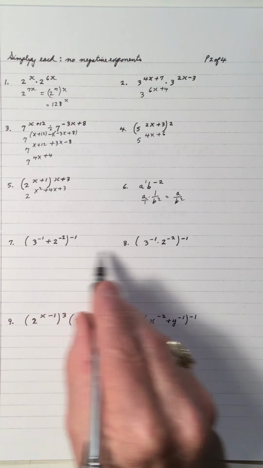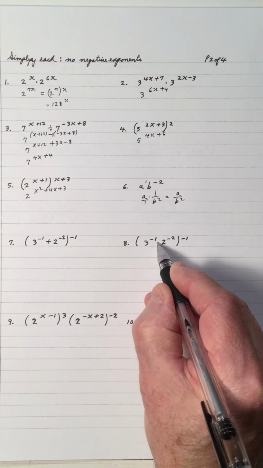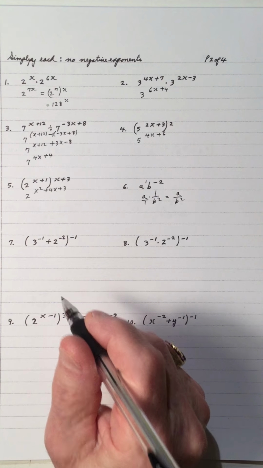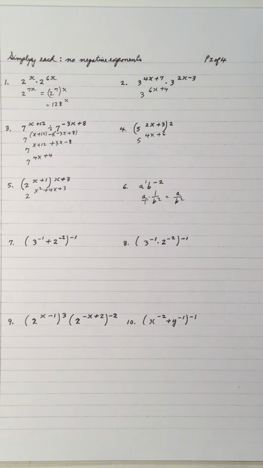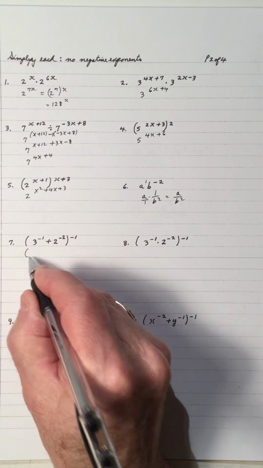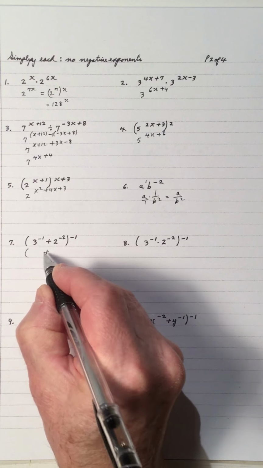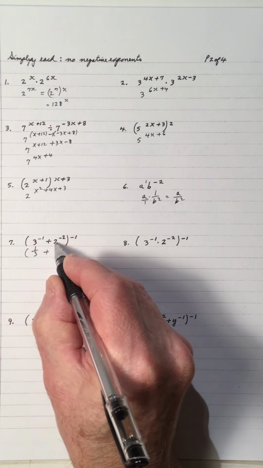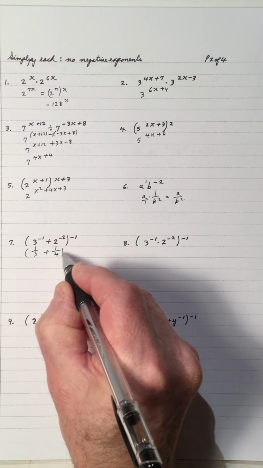Now, I did the two of these exactly the same, except this one has a plus and this one has a times. The one rule that I always use in math is to simplify the inside of the brackets first, and that's because of the PEMDAS. So if we simplify inside first, we have a plus, so 3 to the negative 1 is 1 over 3. 2 to the negative 2 is 1 over 2 squared, which is 4.